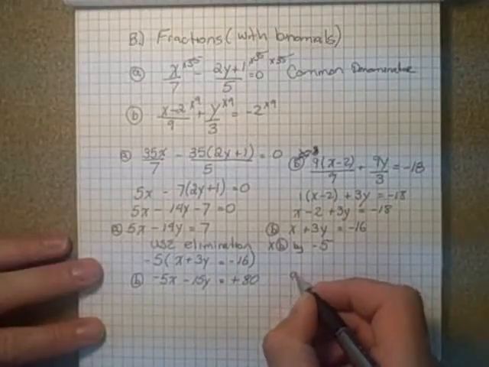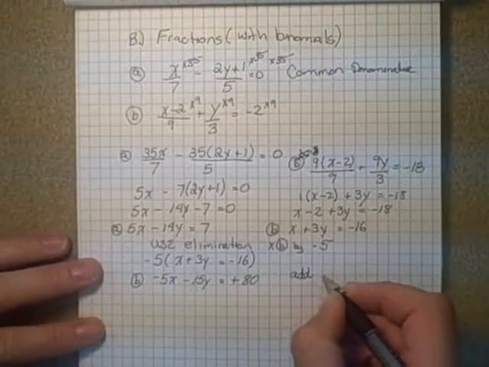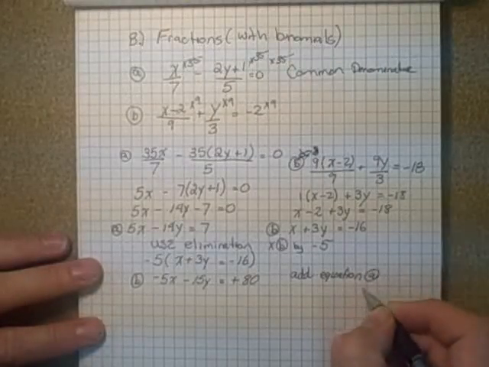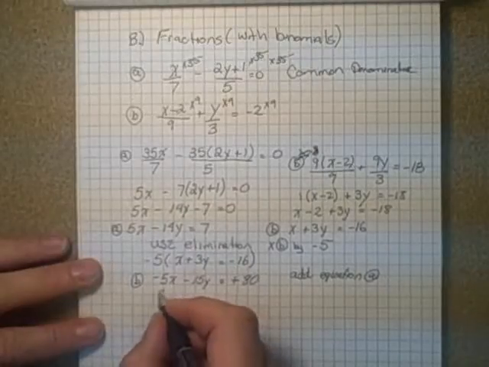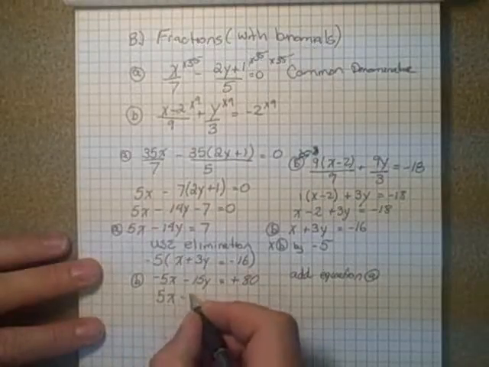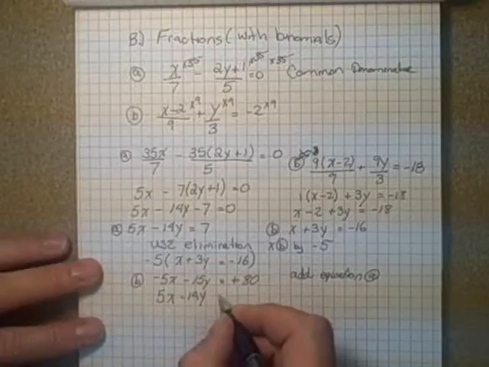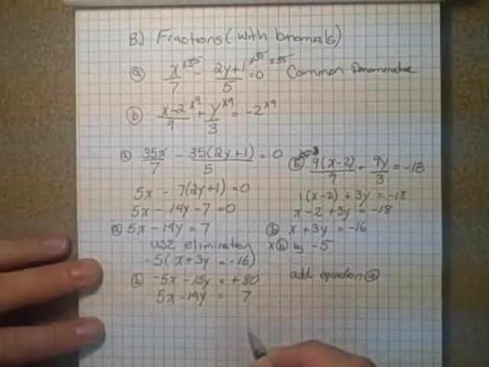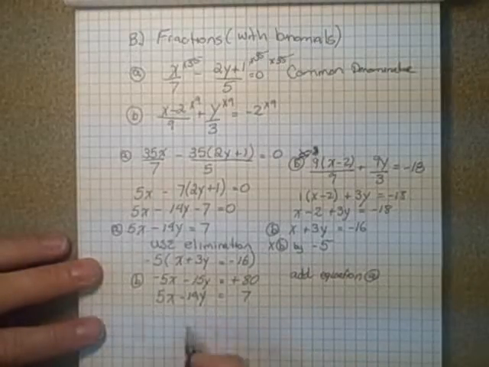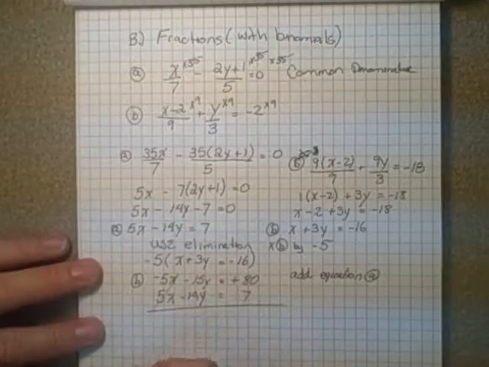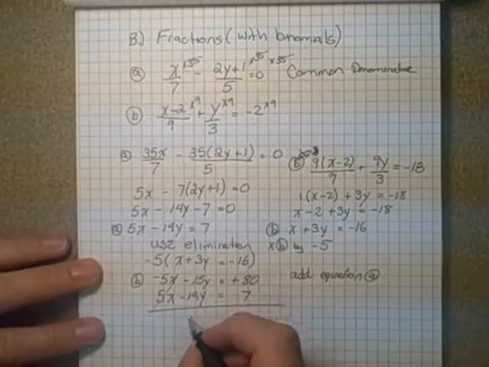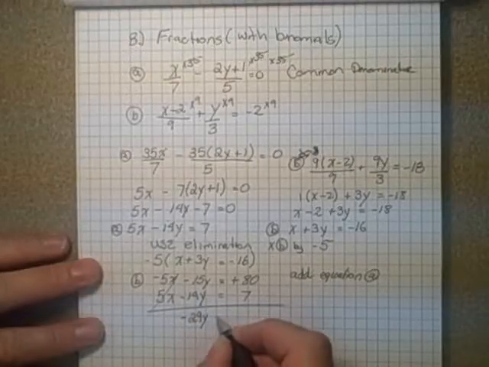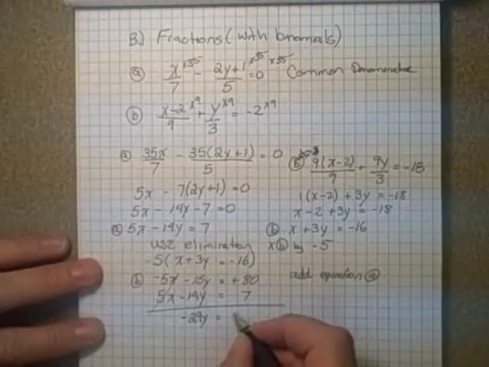So then we can add equation a, and that'll eliminate our x's. So 5x minus 14y equals 7. Well, this eliminates. This here would become negative 29y is equal to 80 plus 7, which is 87.